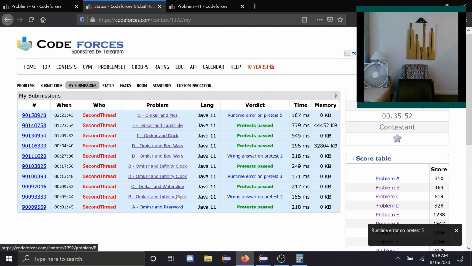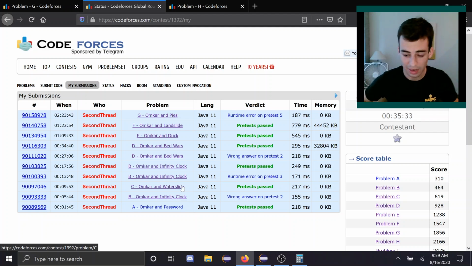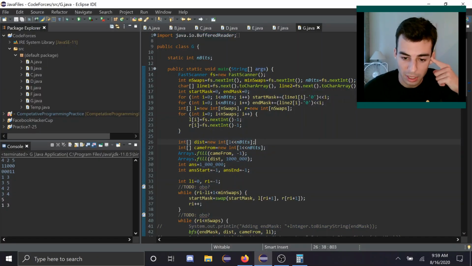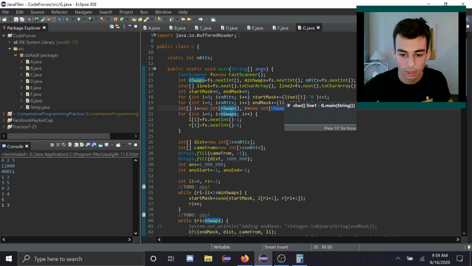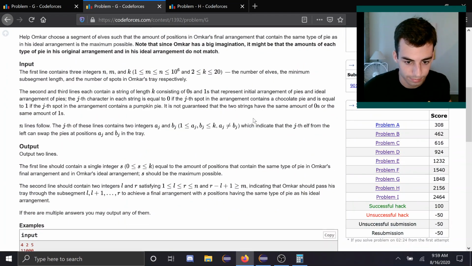Problem due by runtime error test answer. I heard runtime error test 5, which is very interesting because I have no idea what could possibly cause a runtime error. But thankfully we should have enough time to debug. It's not that I'm reading in ints again, right? Yeah, everything should be small enough, I think.